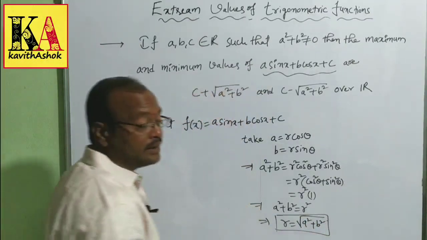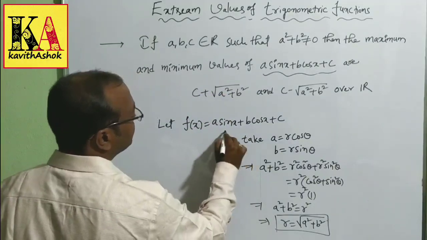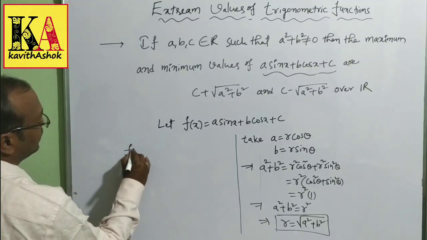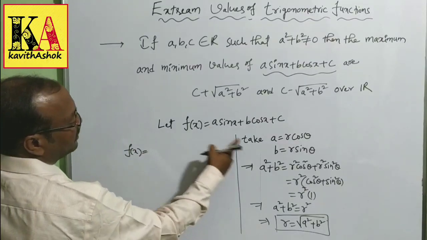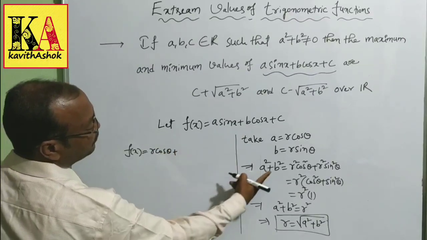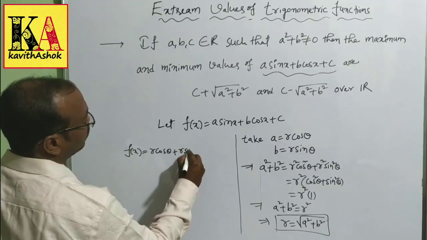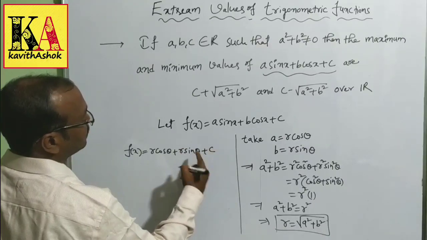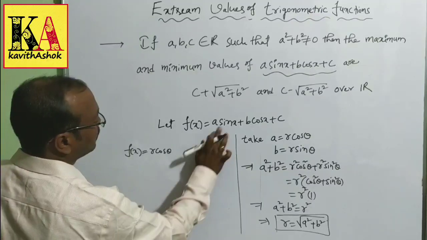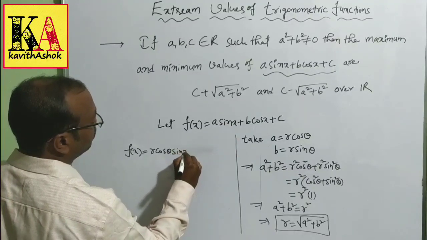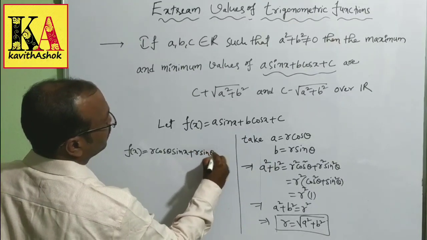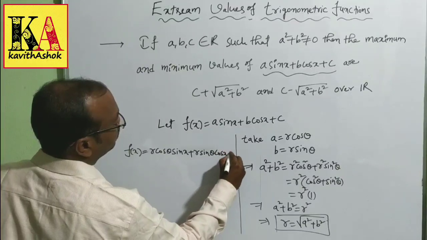We will use it later. Now, what is this? f of x is equal to a sin x plus b cos x plus c. Then what does it become? f of x is equal to, in the place of a we replace r cos theta, sin x, plus in the place of b we replace r sin theta, cos x, plus c.